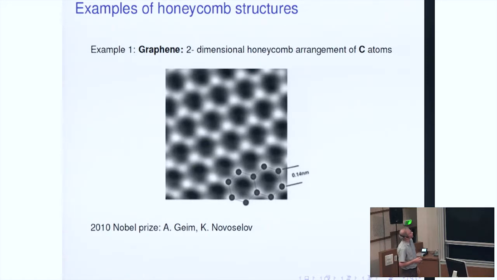So some examples. So the best known example is graphene, which is a two-dimensional honeycomb arrangement of carbon atoms. So this is some kind of micrograph of graphene. 0.14 angstrom distances.